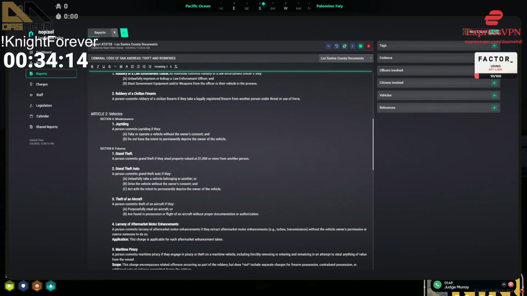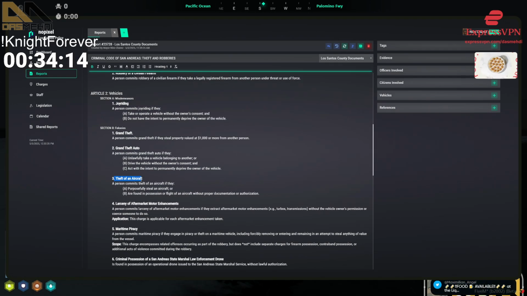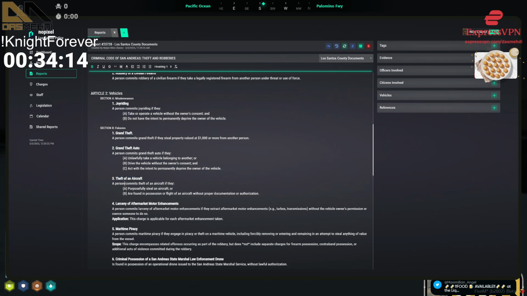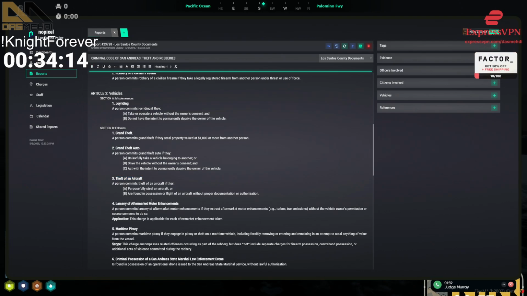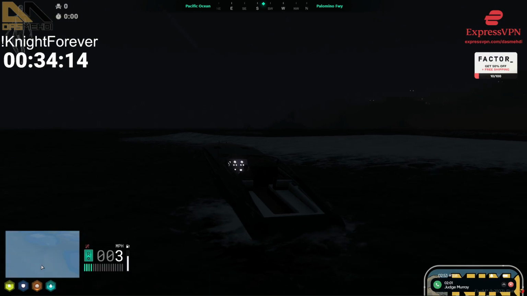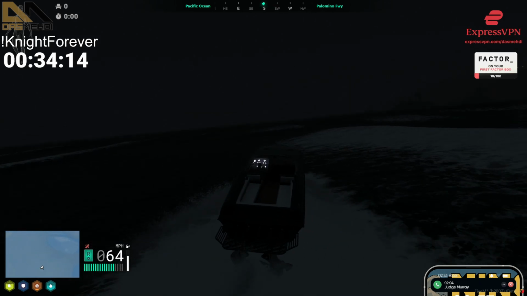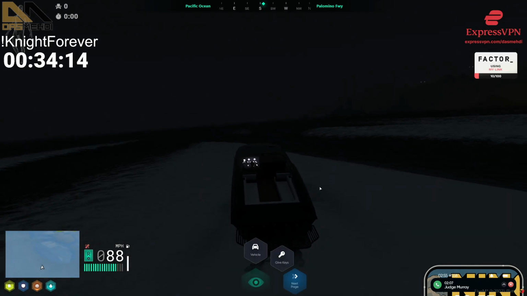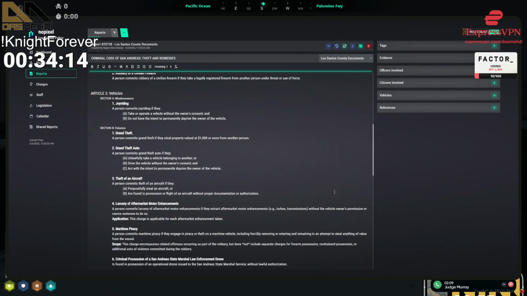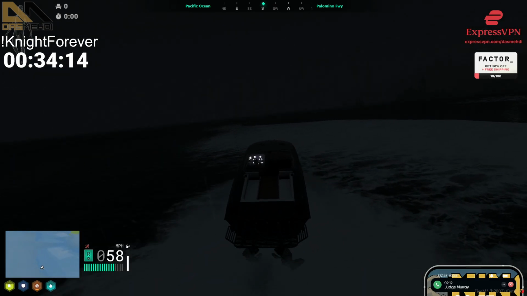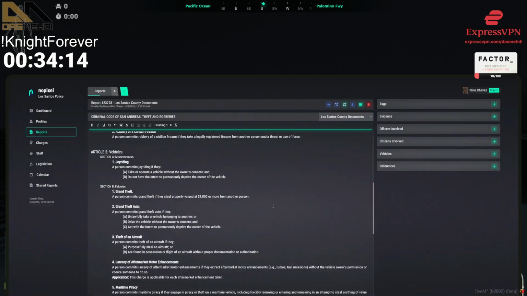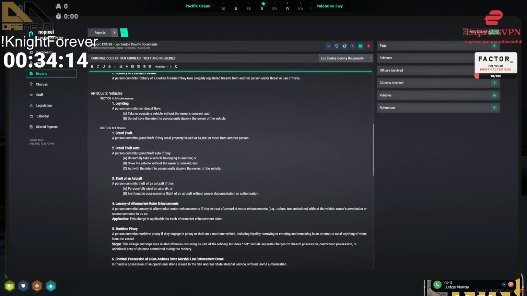Under vehicles, it's in section B, it's a felony, subsection 3, theft of an aircraft. It's already broken up so it's more readable. This is the exact same definition, but a lot more readable.